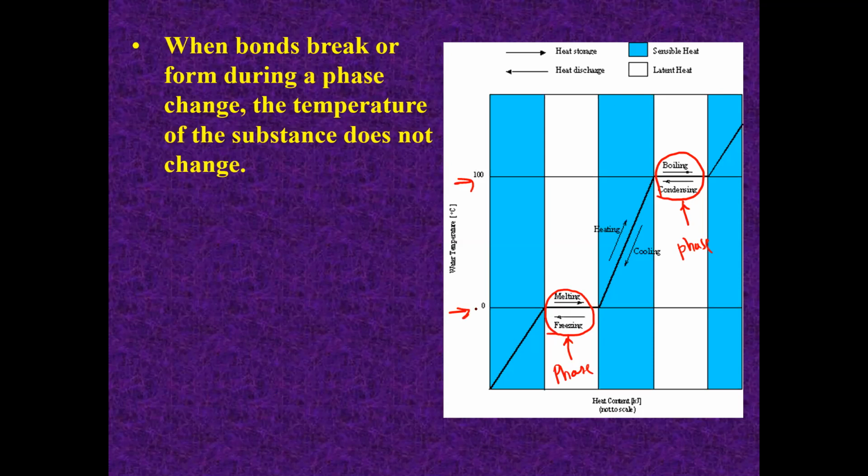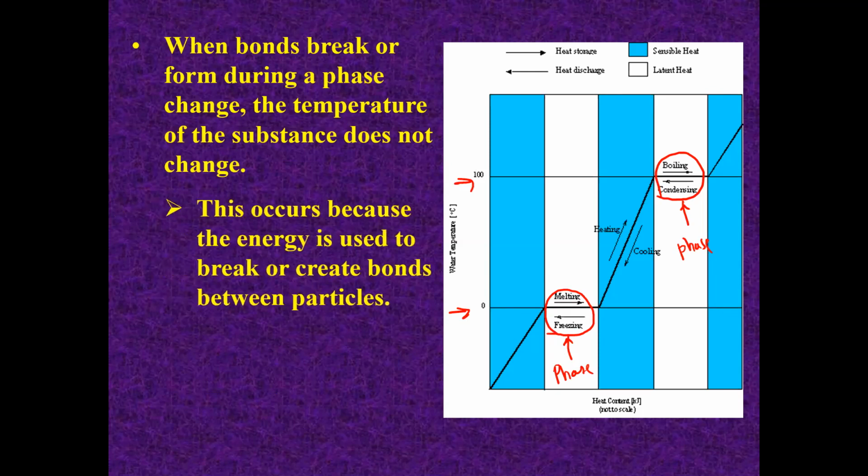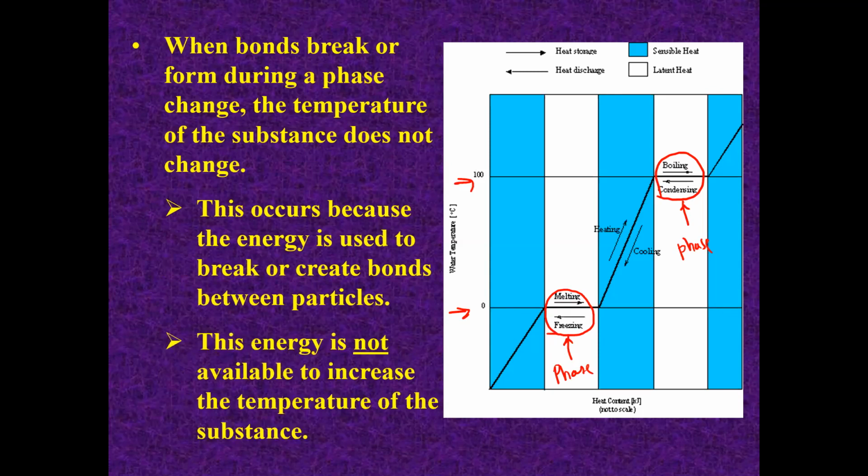Temperature stays at 0. So melting and freezing occur at 0 degrees Celsius. Boiling or condensation occurs at 100 degrees Celsius. This occurs because the energy is used to break or create bonds between the particles. So when energy is breaking or creating bonds, there is no temperature change. So the energy is not available to change the temperature.